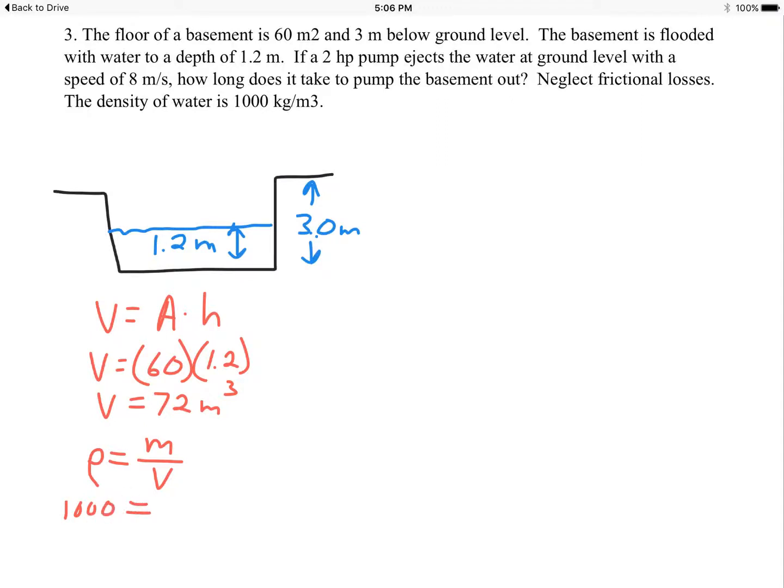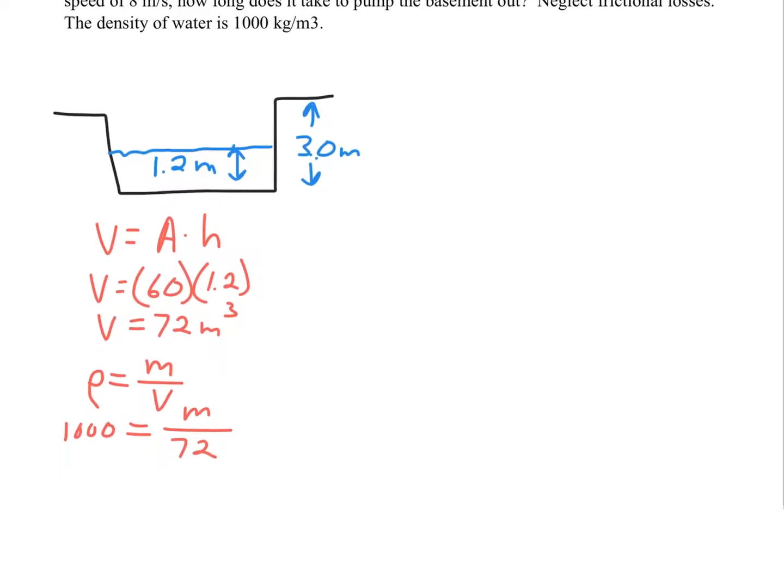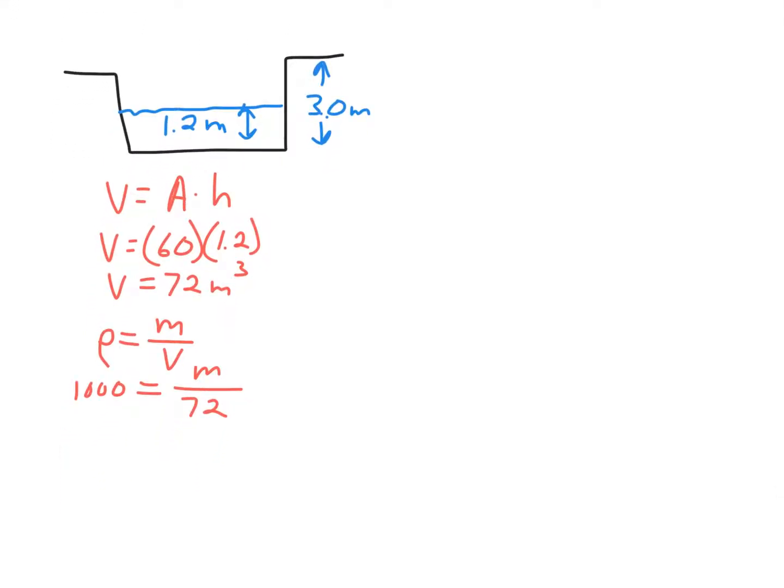That's the density, equals the mass divided by the volume of 72. Well, if you do the math here, that comes out to be 72,000 kilograms of water that has to be pumped out of that basement.